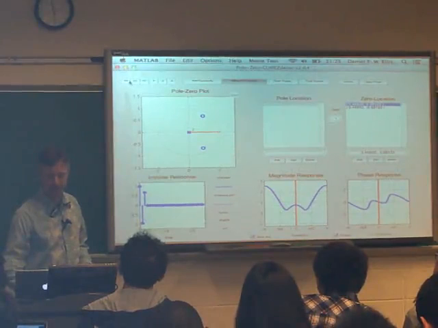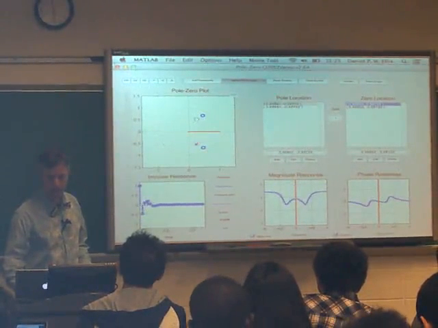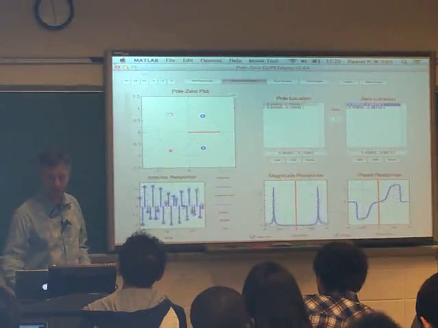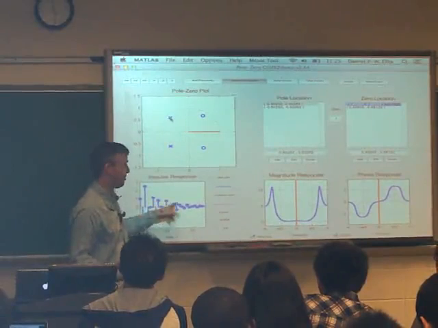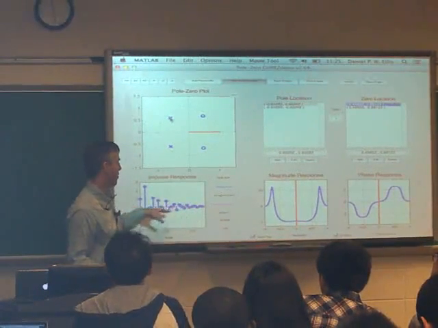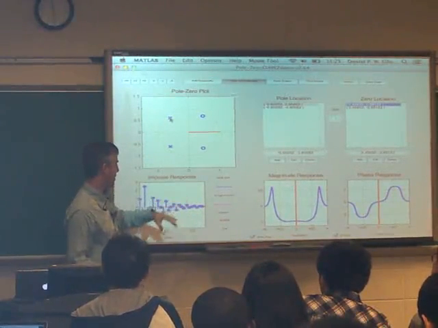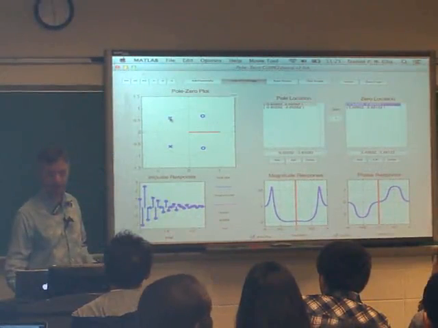I can add some poles, and I can move them around. So if I have poles over here, right now when I add the poles, I have this feedback. So I have this now no longer limited impulse response. The impulse response carries on indefinitely. It's infinite duration, actually.